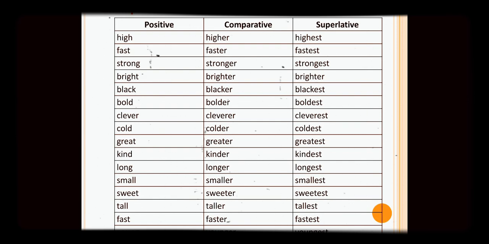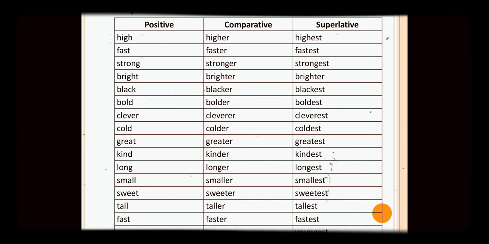In the same way, fast, faster, fastest; strong, stronger, strongest; bright, brighter, brightest; black, blacker, blackest; bold, bolder, boldest; clever, cleverer, cleverest; cold, colder, coldest; great, greater, greatest; kind, kinder, kindest; long, longer, longest; small, smaller, smallest; sweet, sweeter, sweetest; tall, taller, tallest; young, younger, youngest.